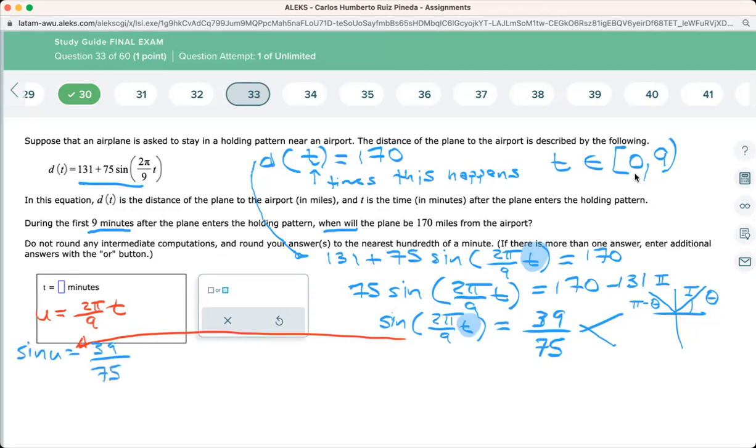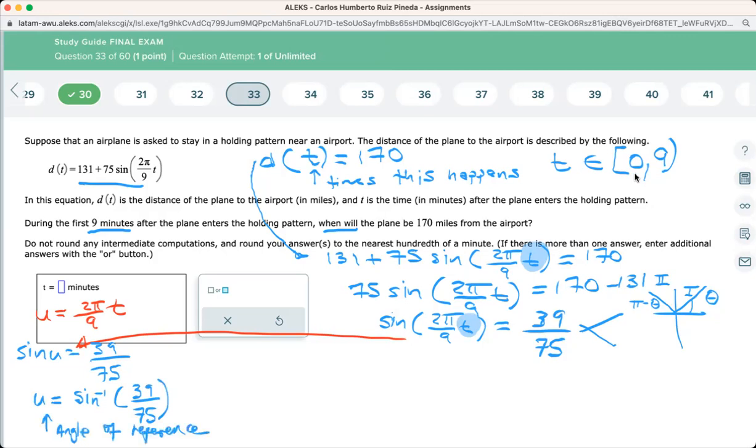Then I'm going to need the reference angle, which is always positive. If this was negative, we had to use the positive, right? But here we don't have a problem because it's positive. So u happens to be the sine inverse of 39 over 75. That is our reference angle, and with this, we will find the other solutions.